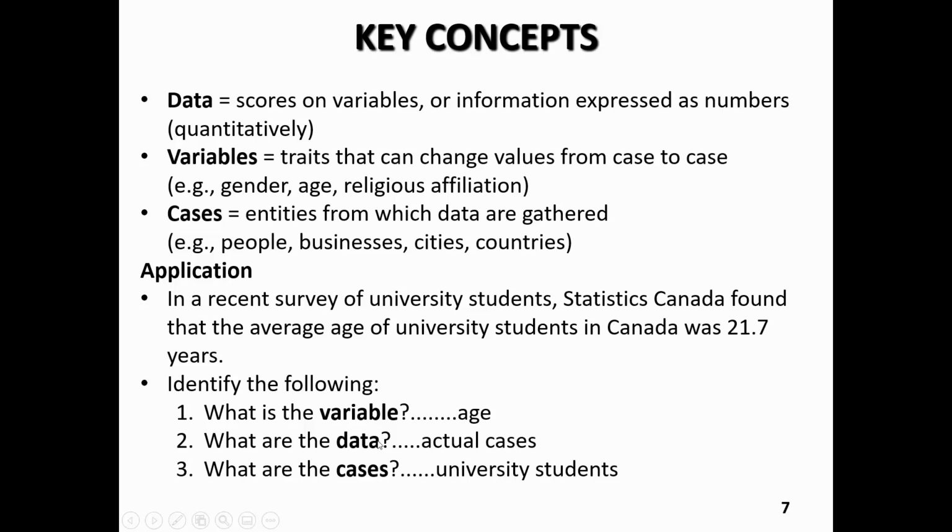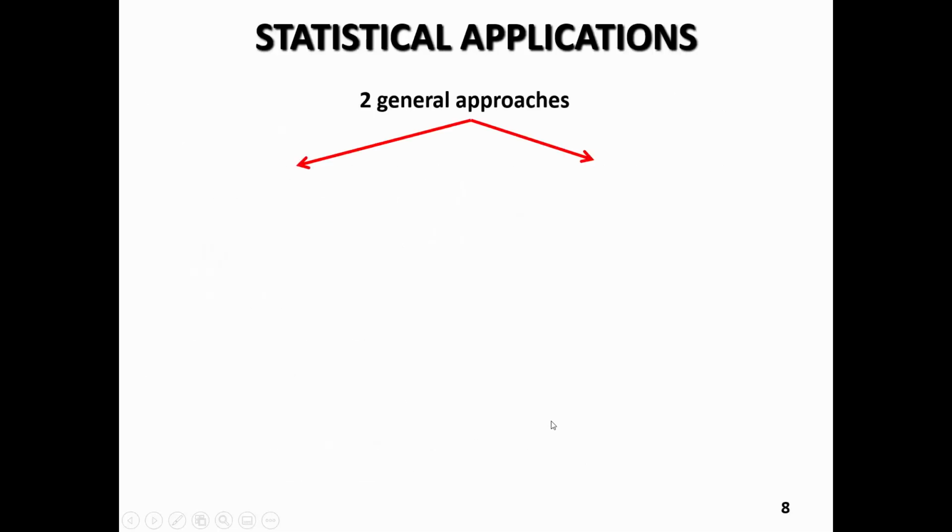In terms of data, the actual ages of the cases that were sampled, that were available to Statistics Canada, refer to the actual data, and the cases are the individual university students.